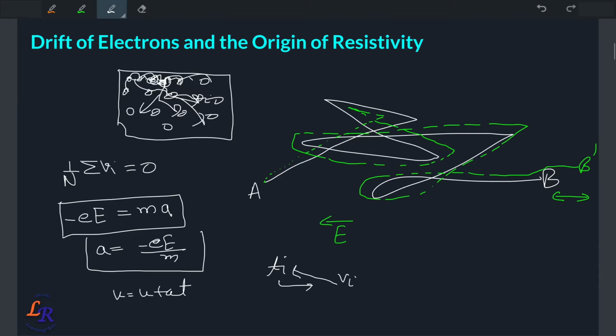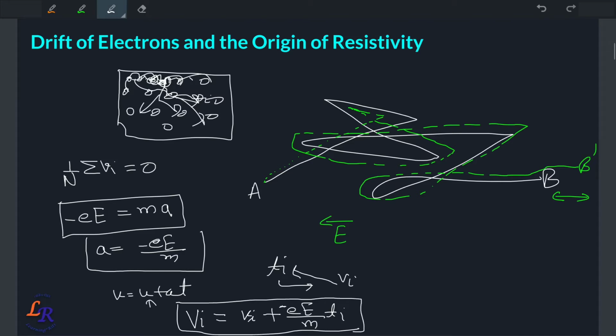What would be the velocity if the initial velocity is u after time t. So if you put this equation here, this is the electron velocity after time ti, where vi was the velocity just after the collision, plus the a we have just calculated, which is minus eE upon m, and you multiply by ti. So this is the velocity you get for an electron when a collision has just happened.